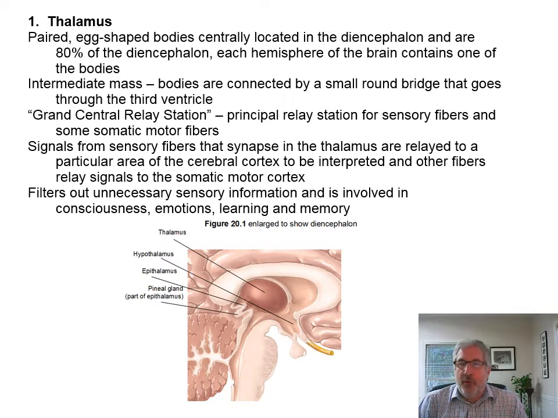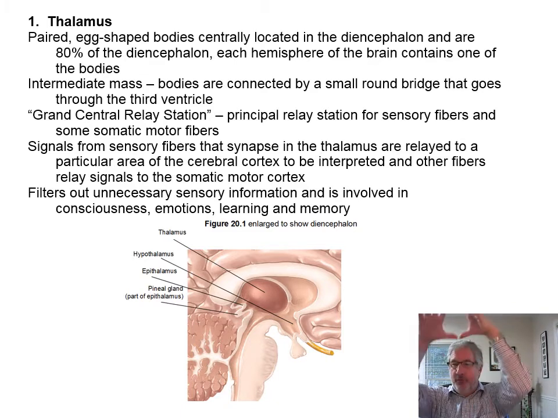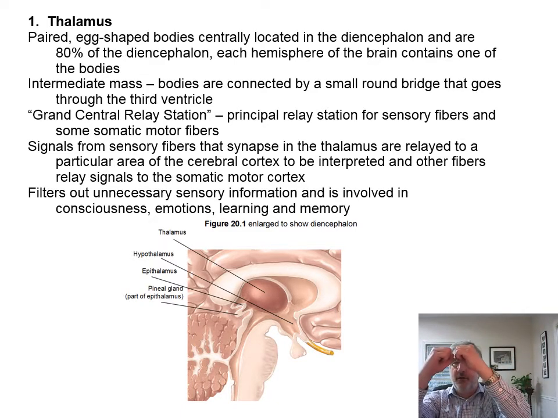It's a small round bridge that connects the two sides. So you have these two eggs here, you have the brain around the outside, there's two little eggs in the middle, and there's a little tiny bridge that connects them. It's called the intermediate mass of the thalamus. Not everybody has an intermediate mass, but most times you do.